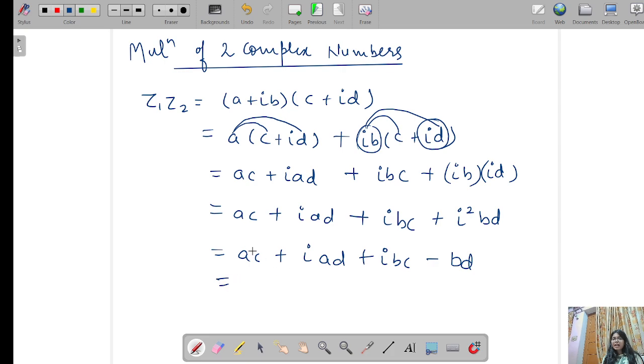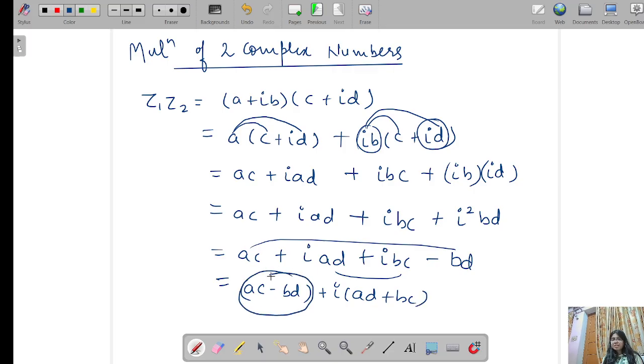Now again, real part with the real part and imaginary part with the imaginary part. This will be like this. Now the real part of z1 z2 is this and the imaginary part of z1 z2 is this. I am done with the multiplication of two complex numbers as well.